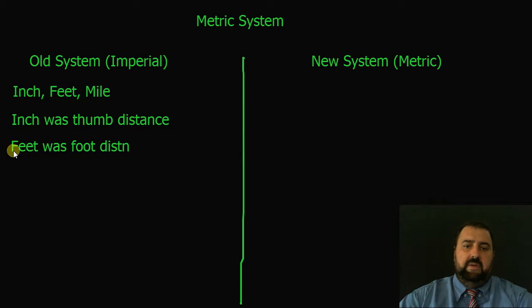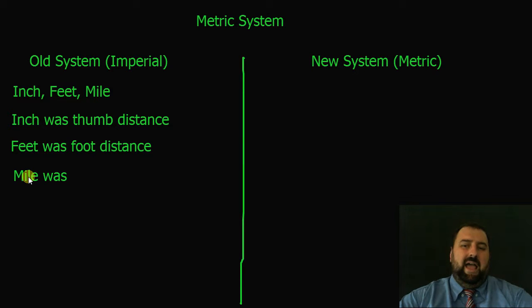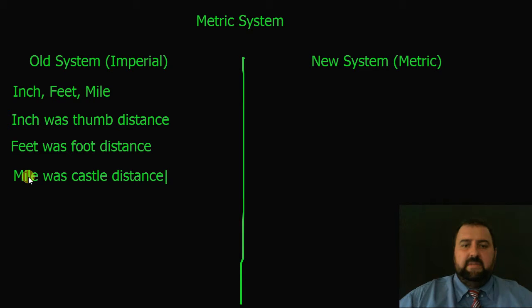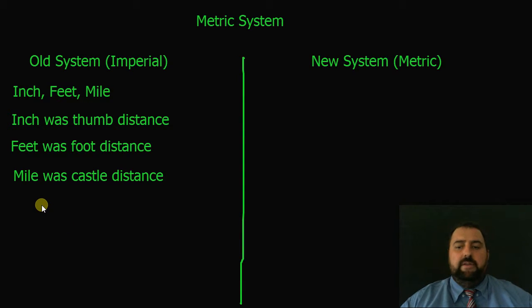Now, obviously, there's a couple of little problems with this. The second one being that if you didn't live near the king, no one gave you a measuring stick or something. The biggest was, for example, 12 inches was 1 foot, okay? And then to go from feet to miles, you had to do 5,280 feet in 1 mile.